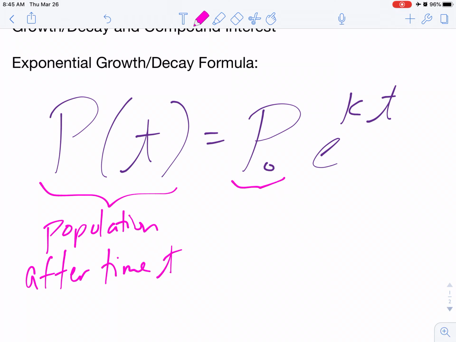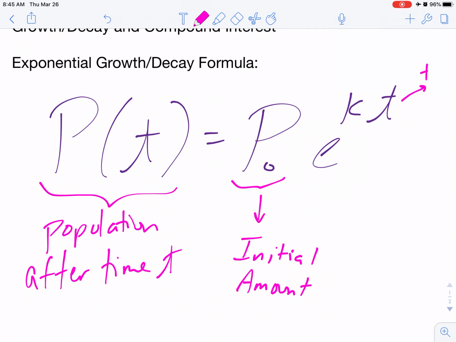This P sub 0, in science, that's called P naught. That's your starting amount, or in science usually they call that the initial amount, initial value, or starting population, initial population, whatever. Remember, E is just the number E, okay?